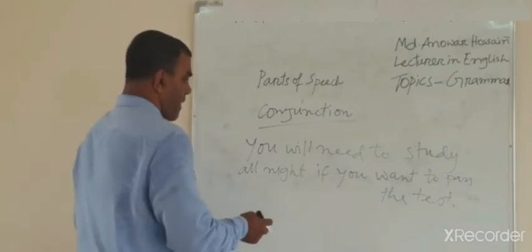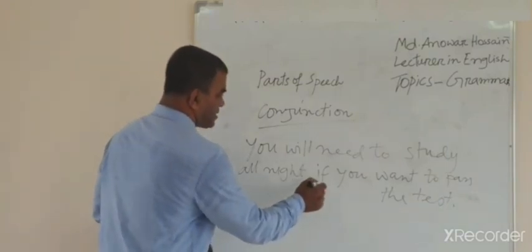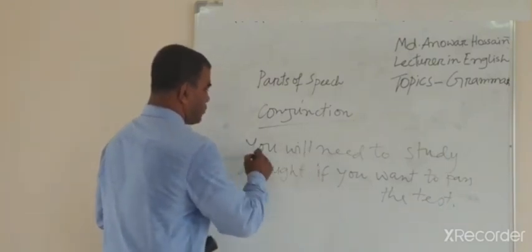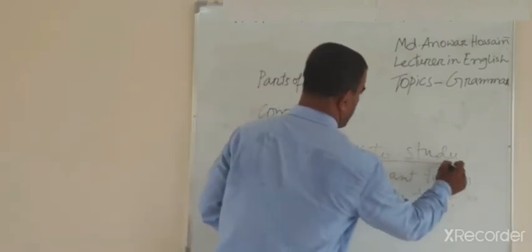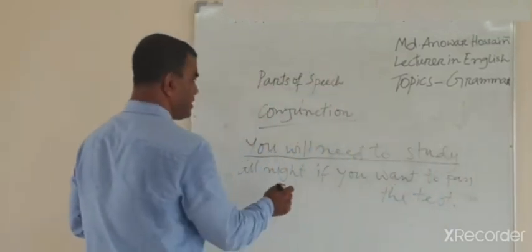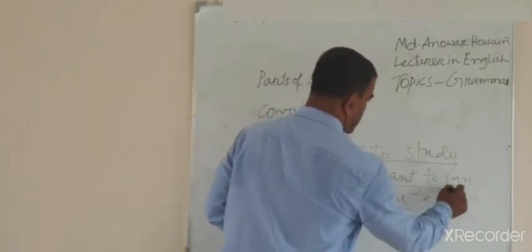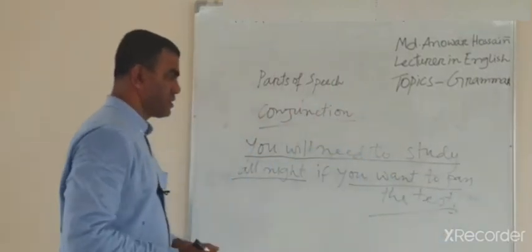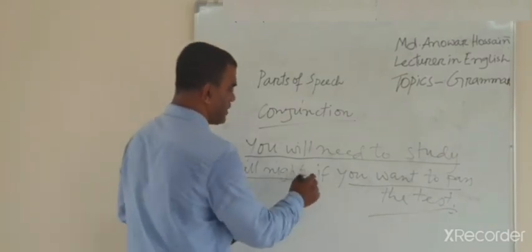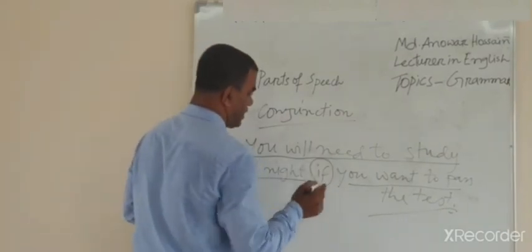Let us divide this sentence. Here we find the first part, and here we find the second part of this sentence, and in the middle there is an if.